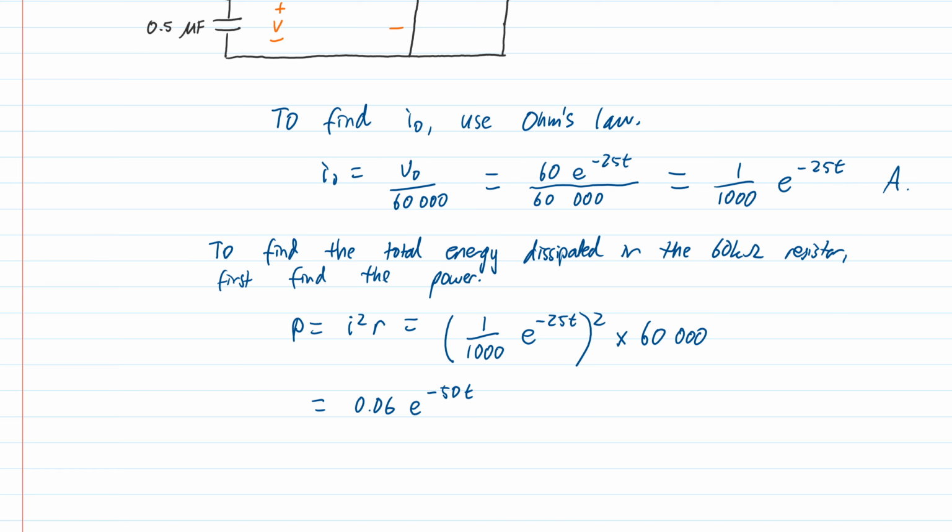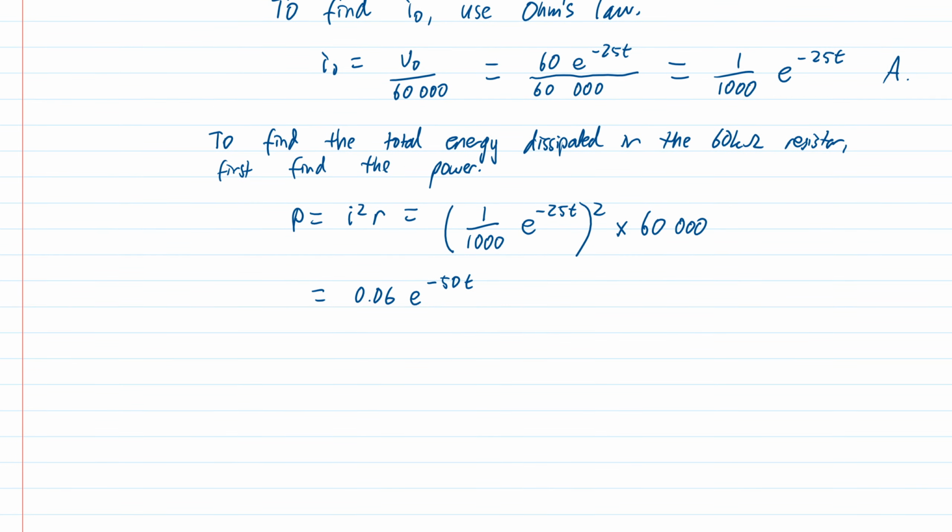So this is like instantaneous power, but I'm asked for total energy. So the energy is going to be the integral over all times of this instantaneous power, that's power with respect to time. So that is the integral of 0.06 e to the negative 50t dt.